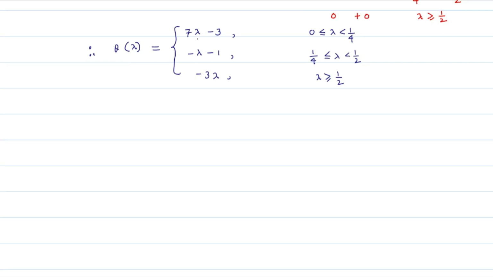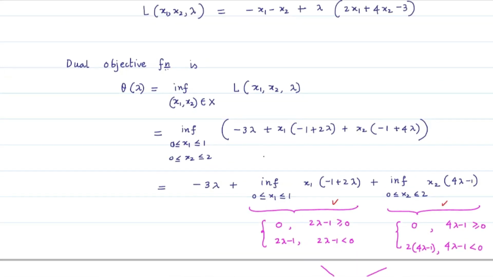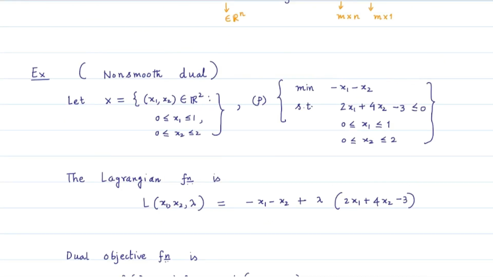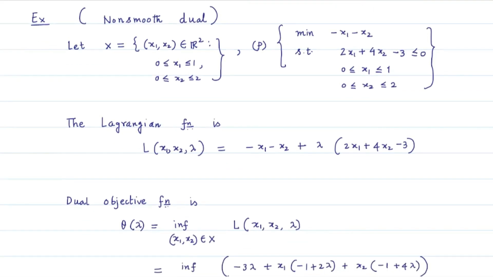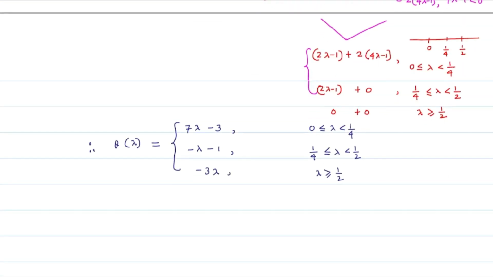So this function has exactly 2 points at which theta is not differentiable, but it is a continuous function. So here we have one example where the primal problem was a problem of minimizing a linear function subject to linear constraints, and we see that the dual problem has a non-smooth objective function.